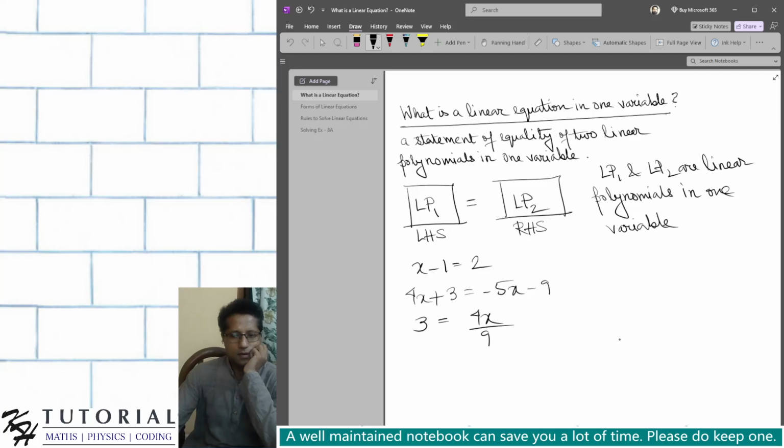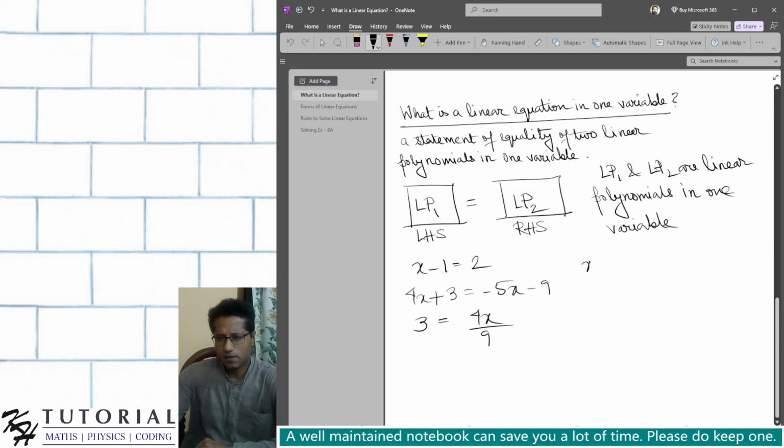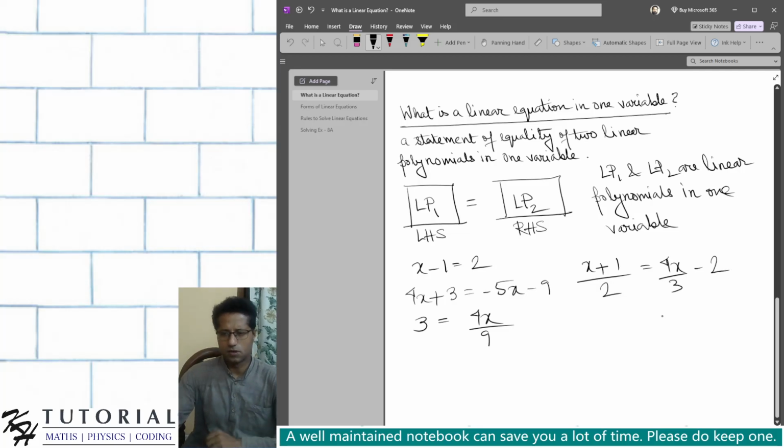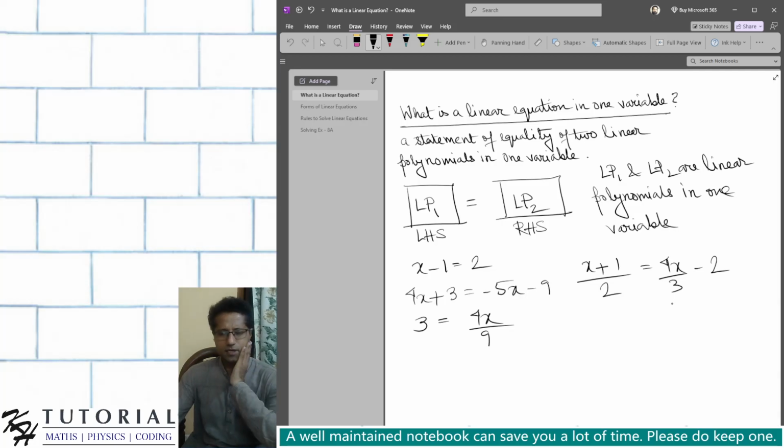Okay, so these are some examples of a linear equation in one variable. One other example could be x plus 1 by 2 equals to 4x by 3 minus 2. So this is also a linear equation in one variable where both the LHS and RHS are linear polynomial in one variable.